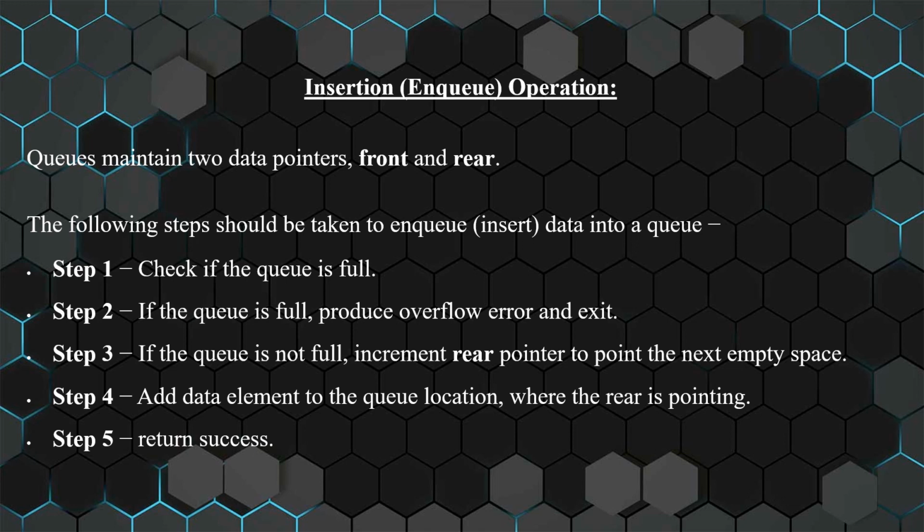Otherwise, we are going to increment the rear pointer to point to the next empty space and add data element to the queue location where the rear is pointing currently and return success. When we reach this point, that is success point, we can ensure that we have inserted a new element into a queue.